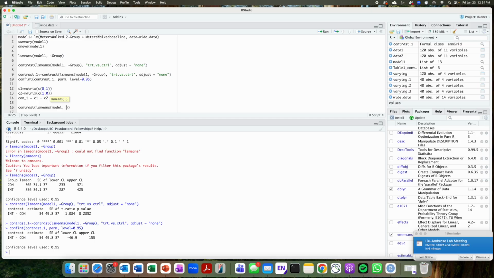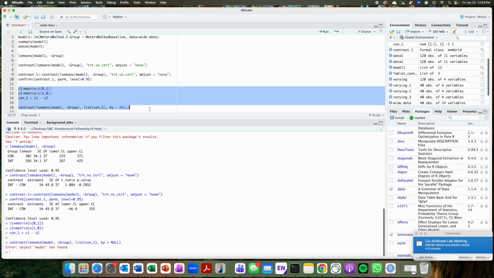We're going to use something called the list command. The list command is going to say, I just want to call this contrast statement that I wrote, and then I'm going to use this command by equals null, and that's it.